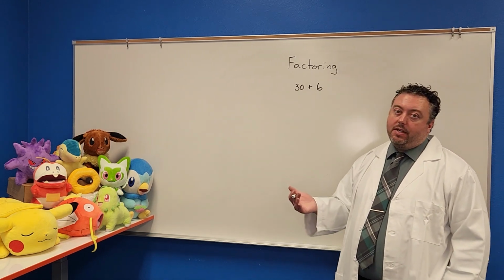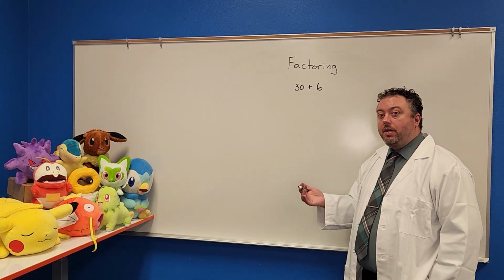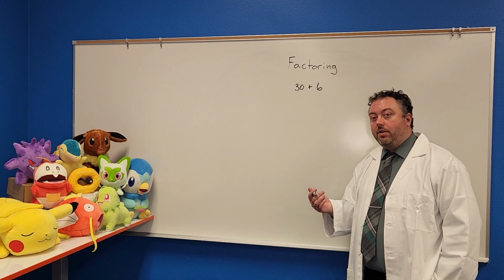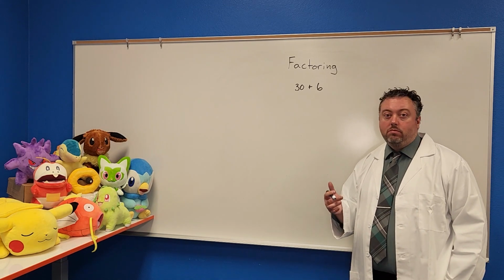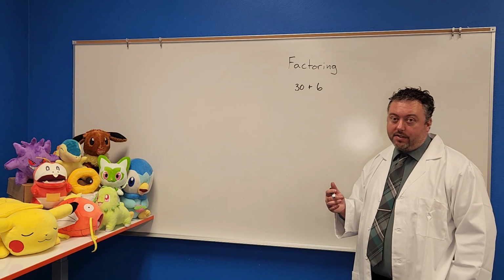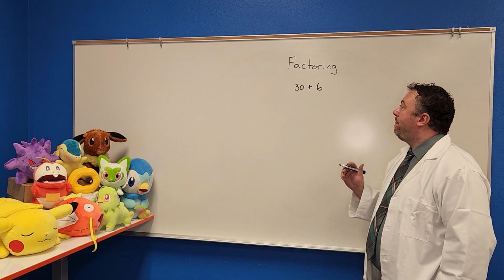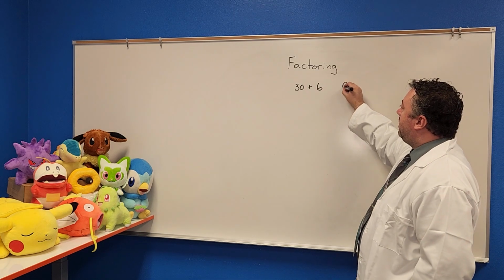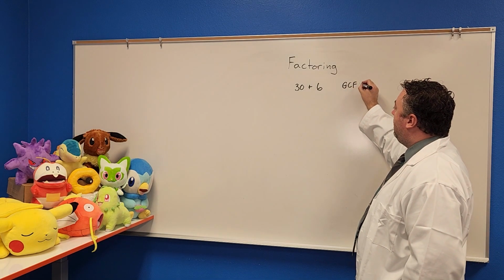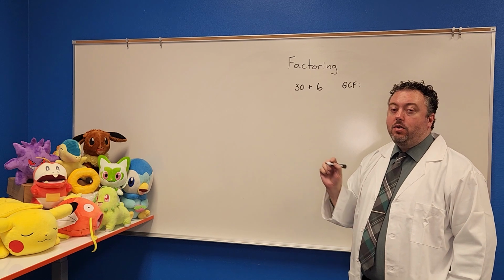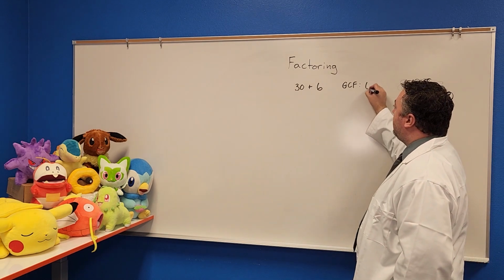Now, there are many videos out there about greatest common factor. I'm not going to go into that. Please take a look and find one of those if you're not skilled at finding greatest common factors. But in this case, the greatest common factor of these two numbers is going to be 6.